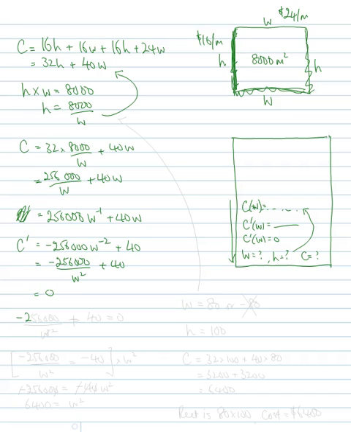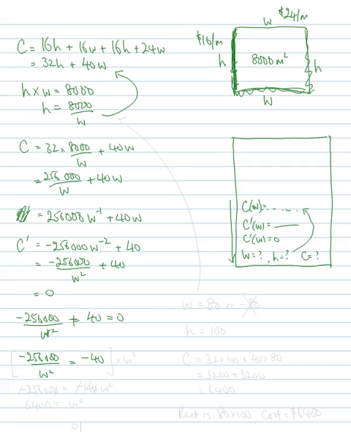So we've got minus 256,000 over W squared plus 40 equals 0. So bring this over to the other side, and we've got minus 256,000 over W squared equals minus 40.